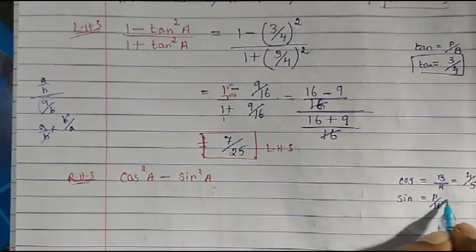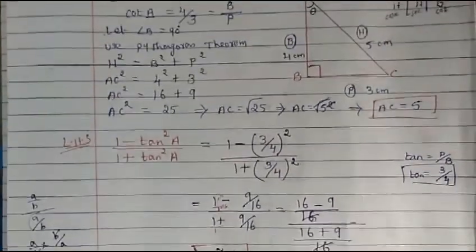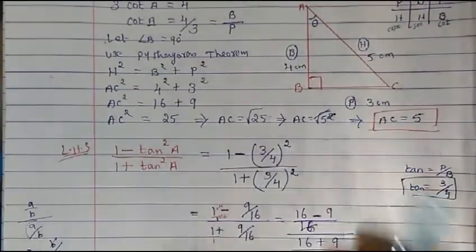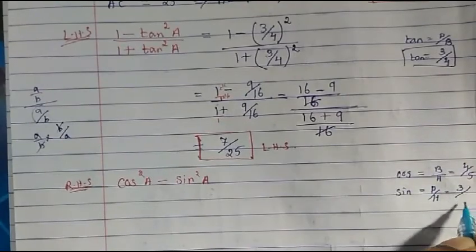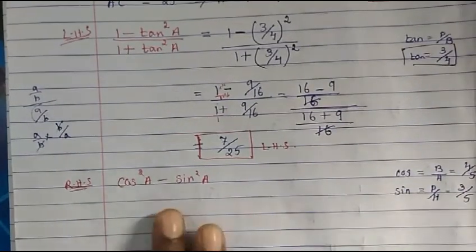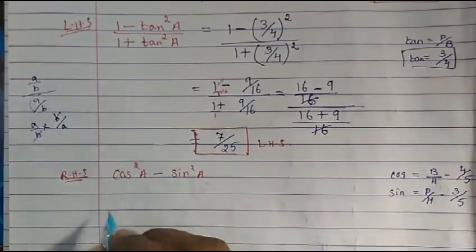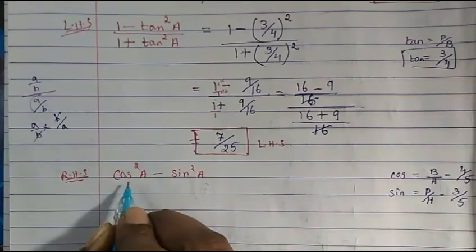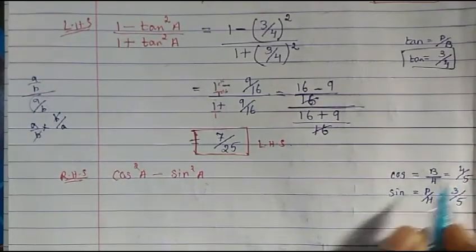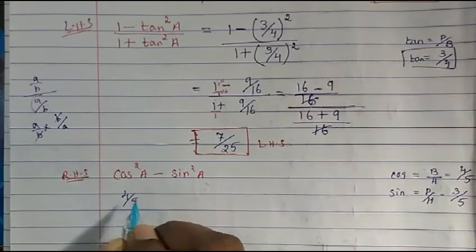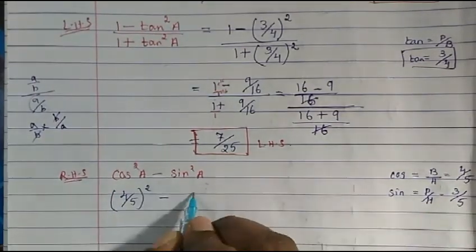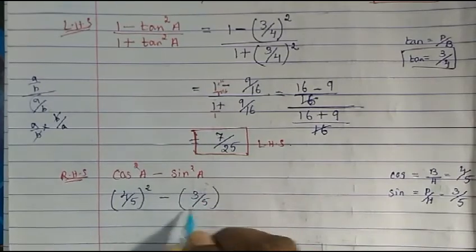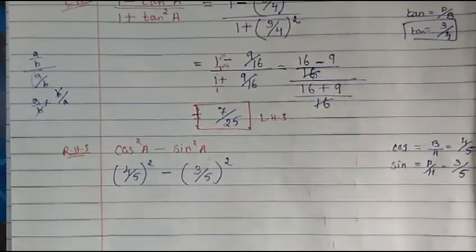Perpendicular is 3 centimeter and hypotenuse is 5. So just put the values now. Cos value we found is 4 upon 5, whole square, minus sine 3 upon 5, whole square.